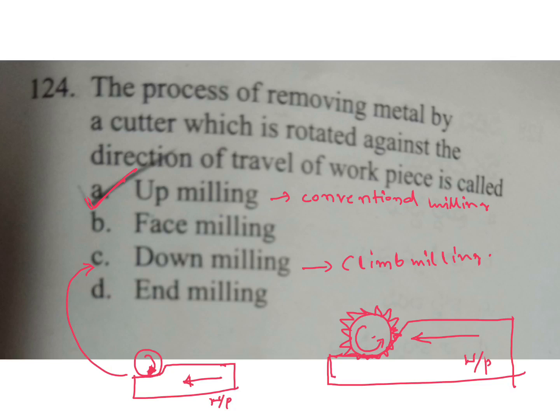Consumable electrode is used in which welding? TIG welding has no consumable electrode, it is non-consumable, so TIG welding is not possible. MIG welding, filler wire we are using, from a coil they will provide the filler wire.